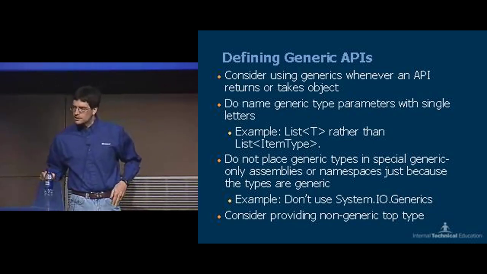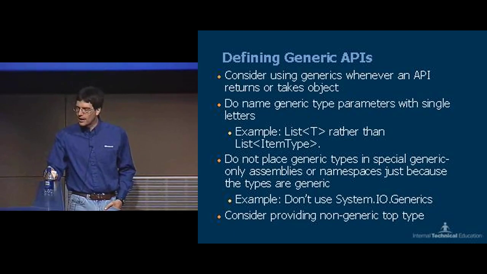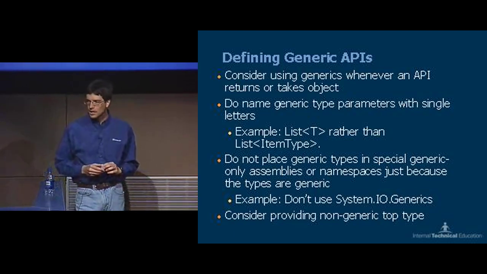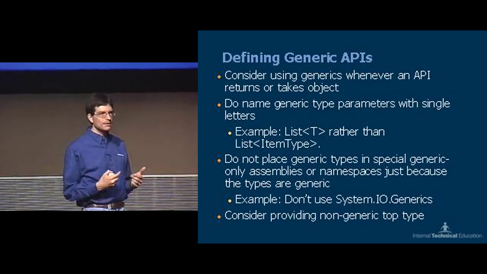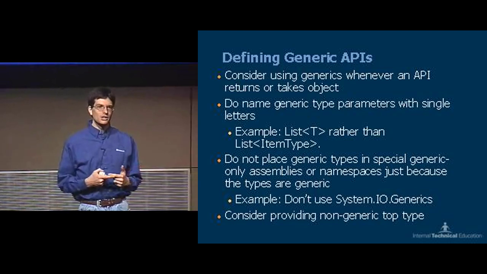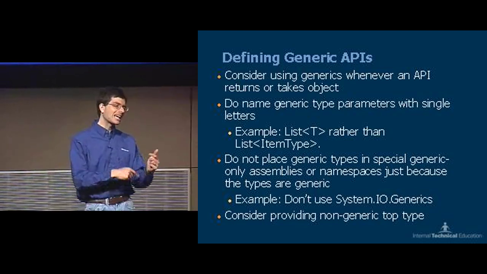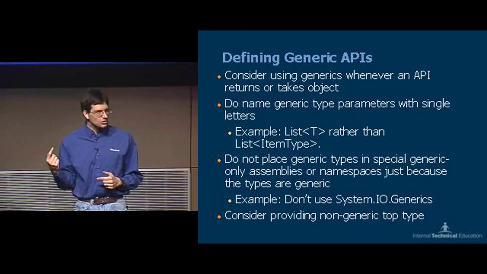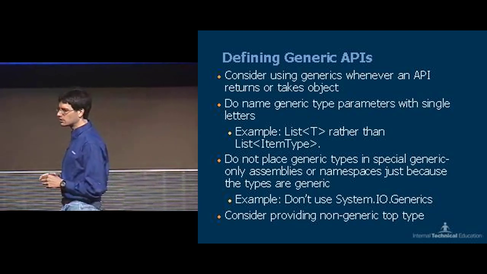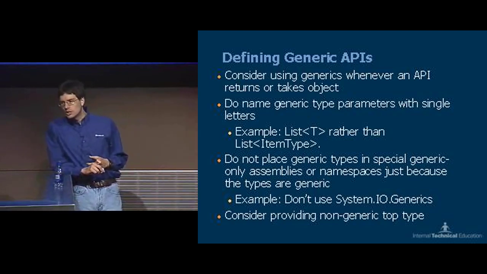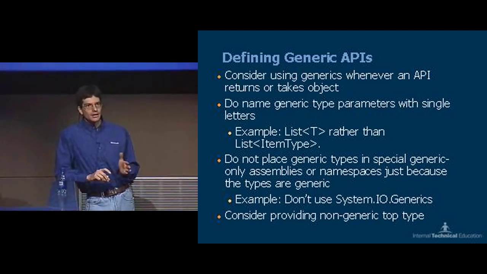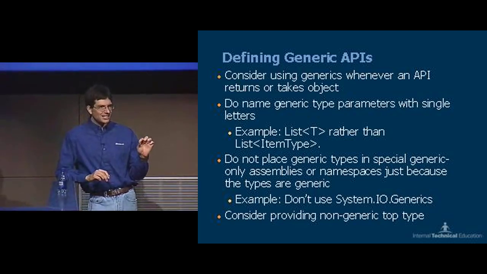Okay, so some guidance on defining generic APIs. Whenever you have APIs today that are loosely typed, that are typed to take object, and you find yourself always having to cast in and out of those, you should ask yourself the question, is it worth taking generics there? We do use single letters for the generic type.